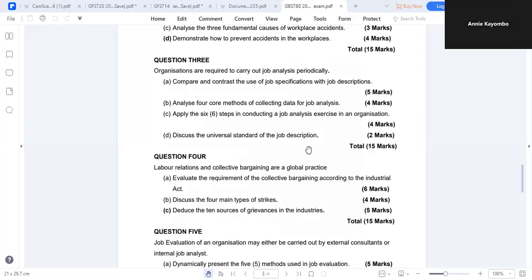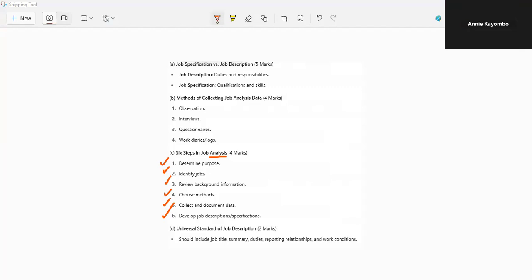Sorry, Mr. Collins, just to take you back a bit on the review of background information. Basically, we just look at the old job or the current job that we are trying to analyze. We get all the information about it. Yes. By reviewing background information, you need to examine the existing job descriptions.